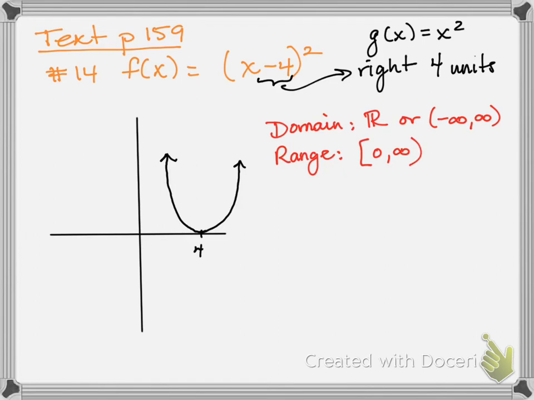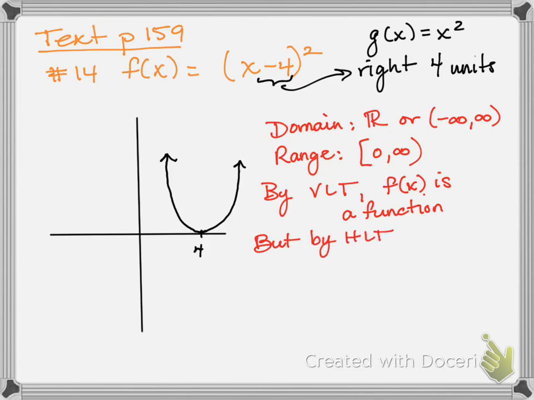Now I know that by vertical line test, f of x is a function, but by the horizontal line test, f of x is not 1-to-1. Why? Because if I drew a horizontal line, it fails because it intersects more than once.